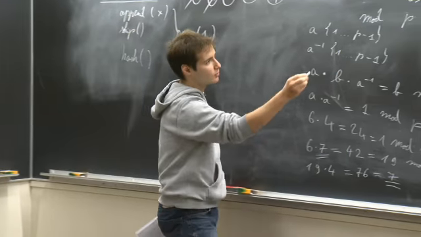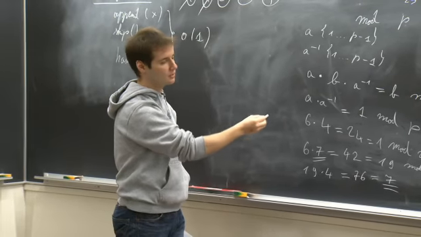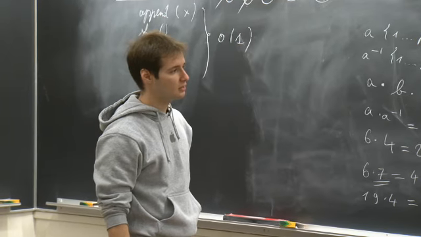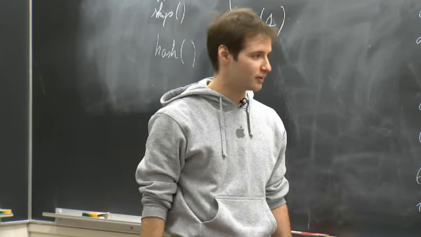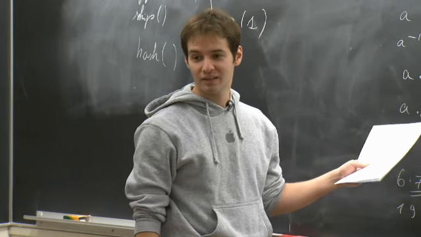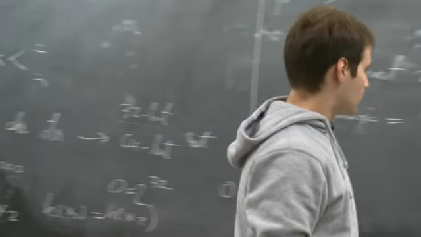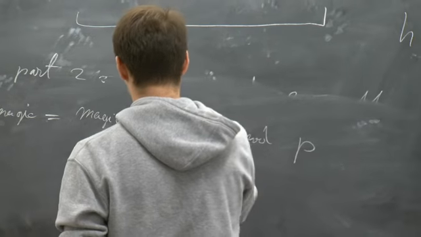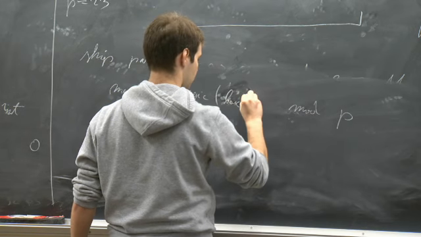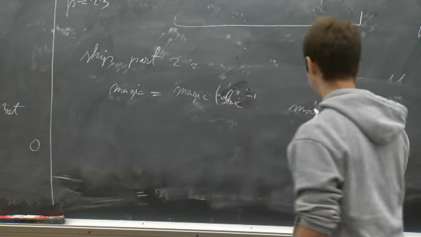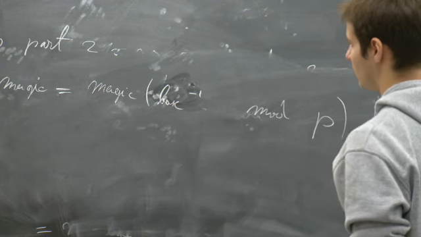So as long as we're working modulo a prime number, we can always compute multiplicative inverses. And Python has a function for that, so I'll let you Google its standard library to find out what it is. But it can be done. That's what matters as far as we're concerned. So we're going to say that magic is magic times base minus 1 mod p, which is the multiplicative inverse, everything mod p.